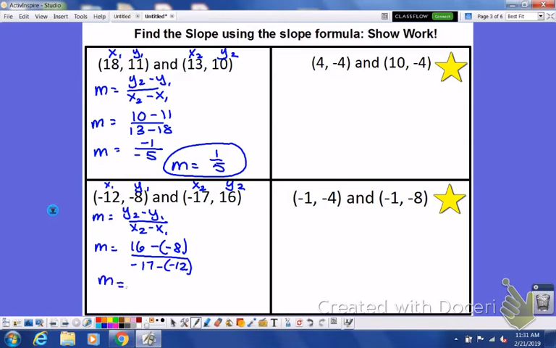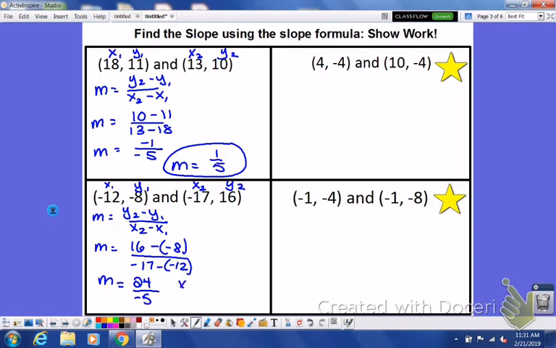Simplify that down. 16 minus a negative 8 is 24 over negative 17 minus a negative 12, same as negative 17 plus 12, gives us a negative 5. I'm just going to leave it like that, so 24 over negative 5.